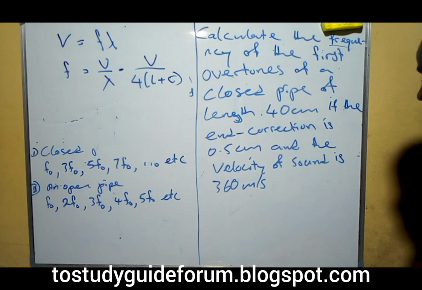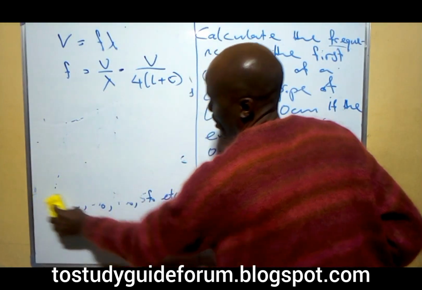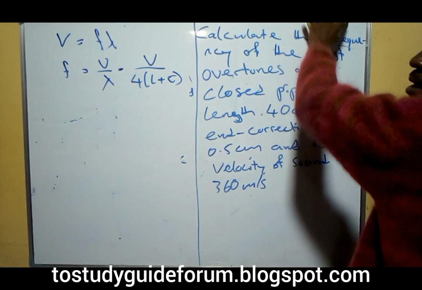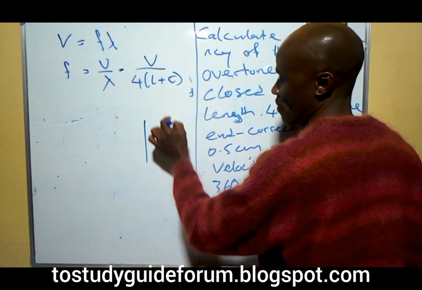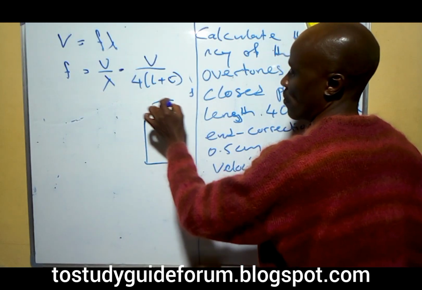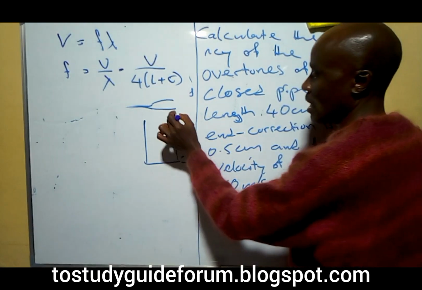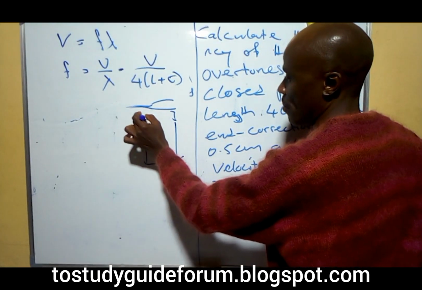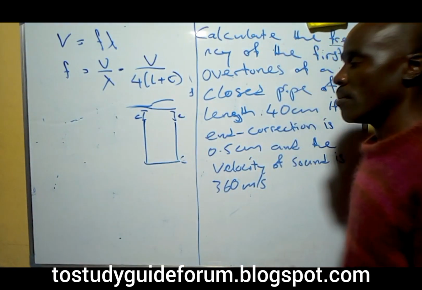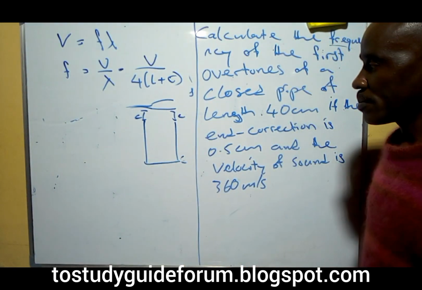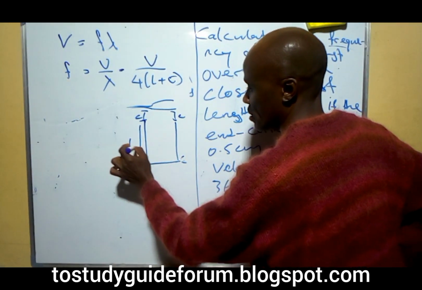Now in a closed pipe, or perhaps in the resonance tube experiment, when you place your tuning fork up here, there's always a gap. This gap is the end correction, for which we always use the symbol C. From the other end down here is the length.